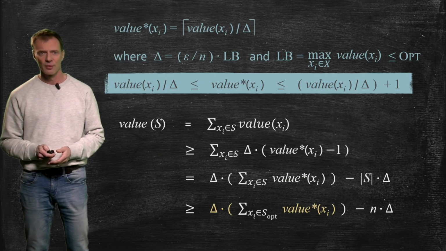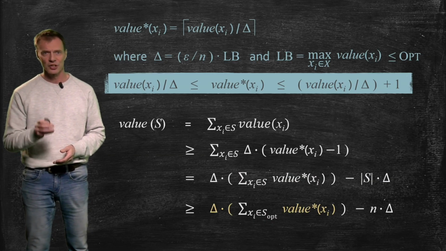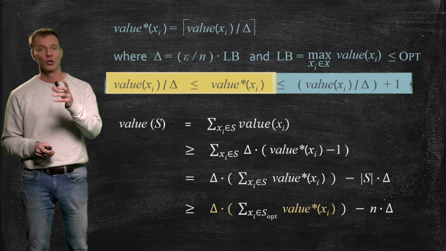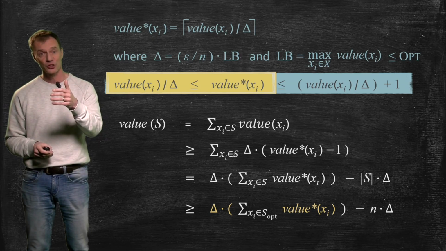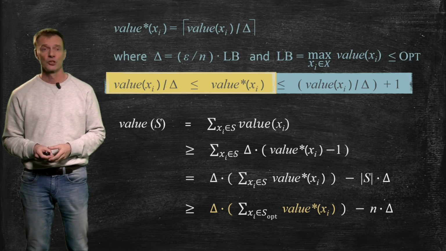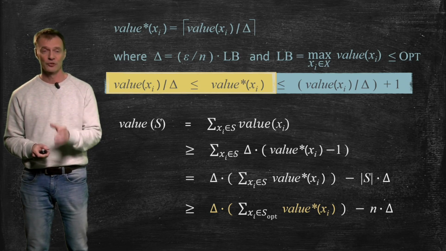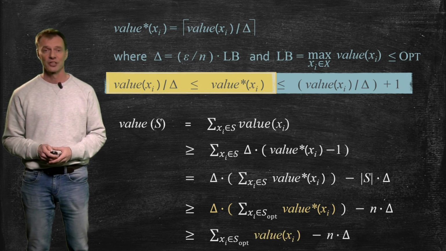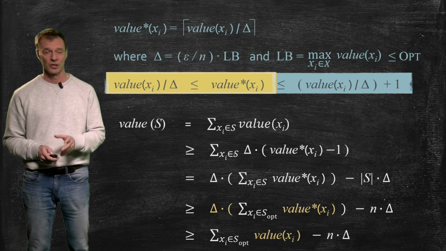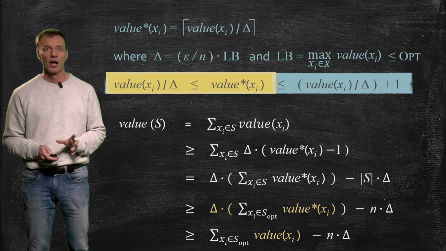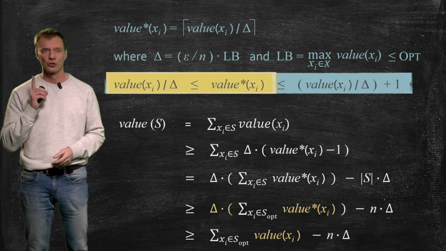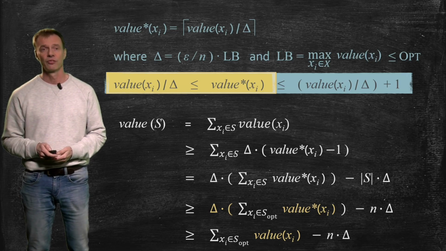If we use this inequality here, we can go back from value star to value. I rewrite this value star, use this inequality, and what I get is this. Now what you see here is the sum over all items in S opt of the real value of that item.